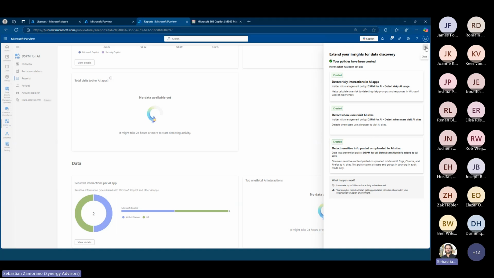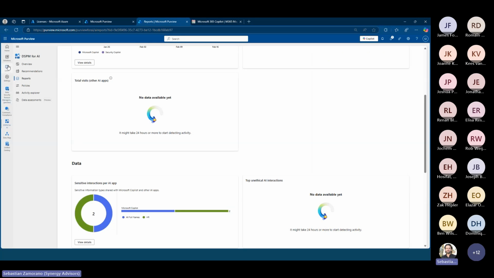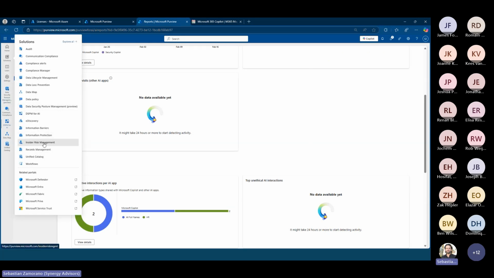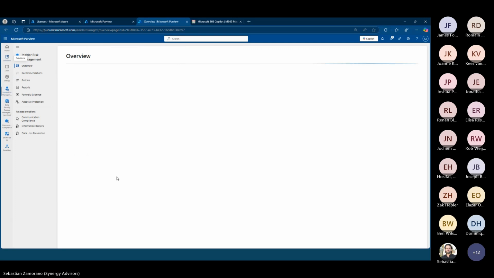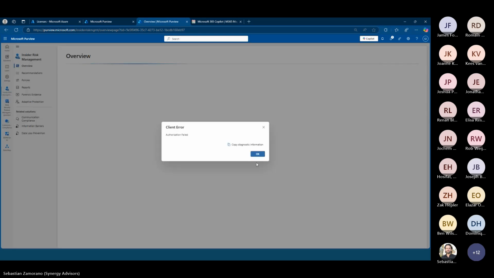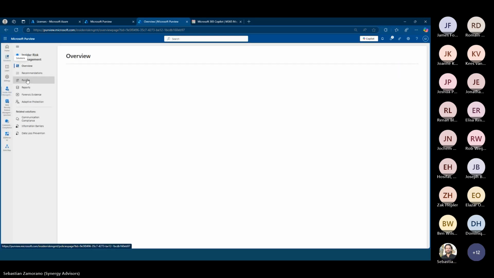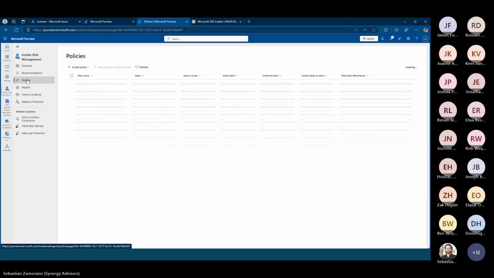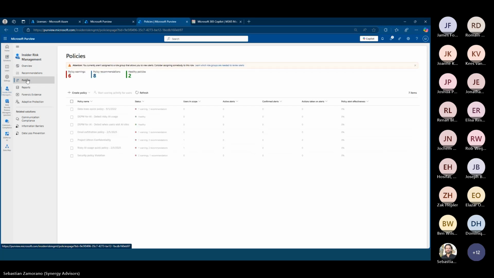Additional policies were created. Let's go again to Solutions inside the risk management. Here we can see the different DSPM for AI policies that detect risky AI usage.